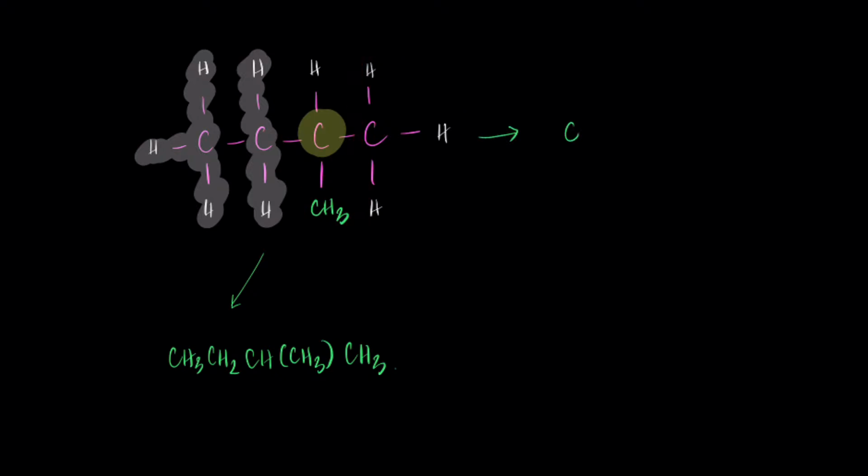It's going to be a CH, I won't draw the hydrogens. It's a C, then a C, maybe H, here another CH3 and another CH3, right? So there are 2 CH3s.